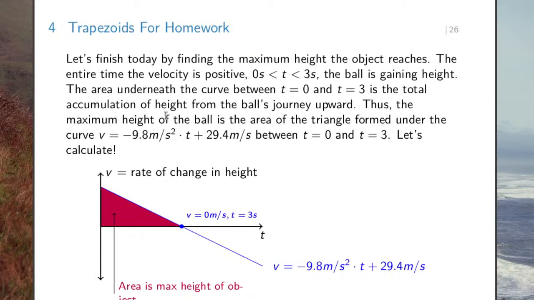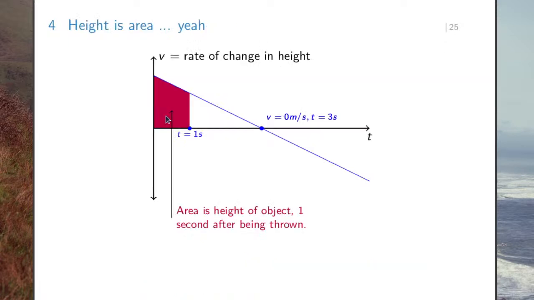Anyway, if this is true, and it is true, just believe me for now, then this is the area after 1 second, and that's the height that is gained after 1 second. Also notice that this area is going to be negative over here.